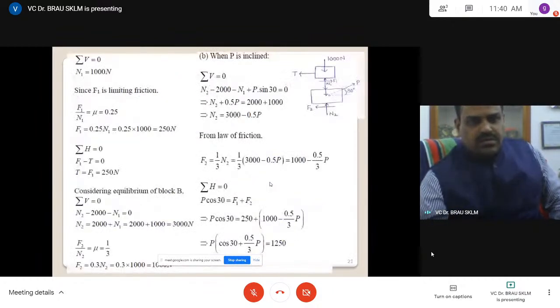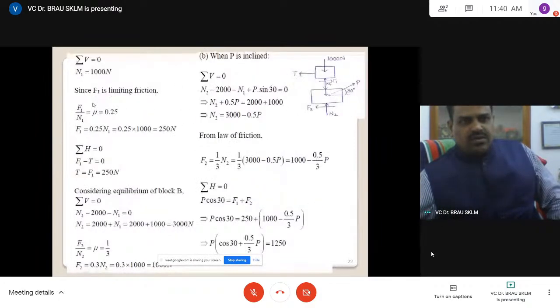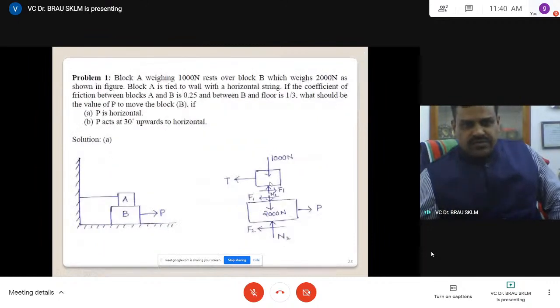F1 is a limiting one, F1 equals mu times N1. Find the frictional force mu N1. The vertical is 1000 minus N1 equals 0.